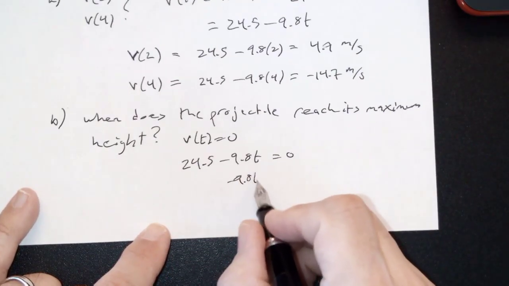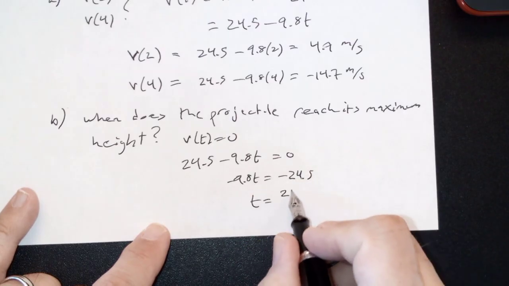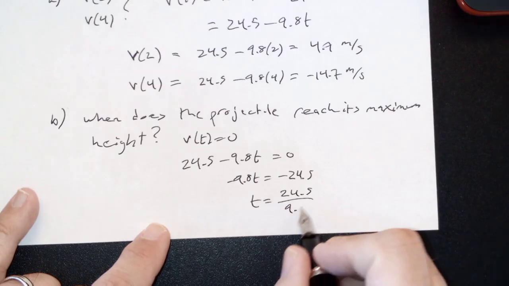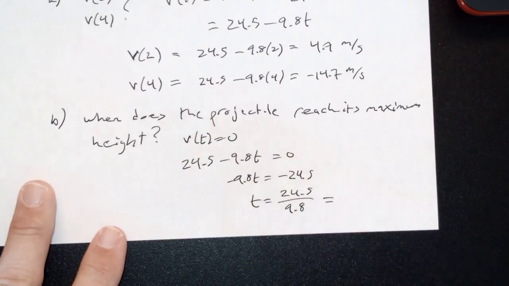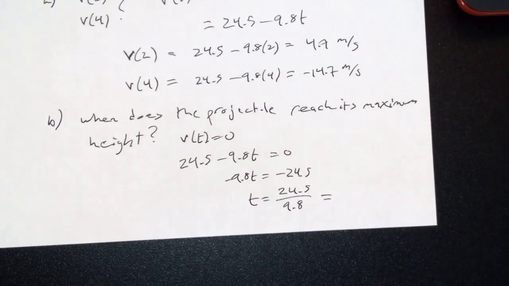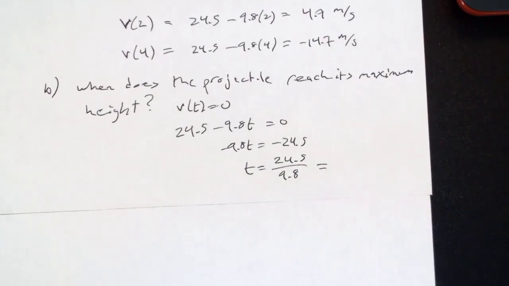Negative 9.8t is negative 24.5. So t is 24.5 divided by 9.8 because the minus signs cancel. 2.5.